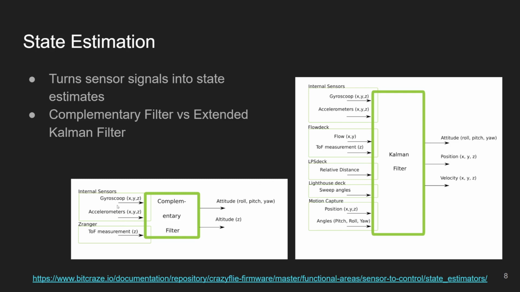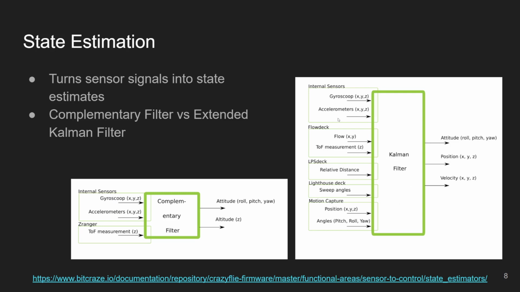As you can see here, this is the base filter, the complementary filter. You have a gyroscope and accelerometers, and those work to create an attitude state and another attitude state in the Z-axis. And then there's the Kalman filter, which is way more in-depth.